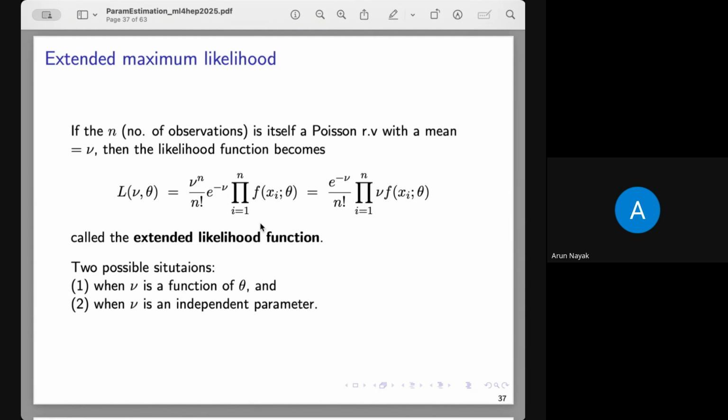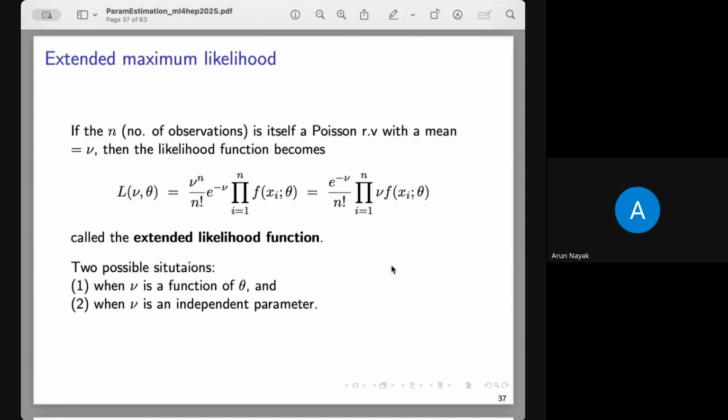So far, when we constructed the likelihood function, we basically made the product of the probabilities for individual events. This was the likelihood function that we discussed earlier. Now imagine that you had observed, say, 100 events, n events, and we consider that itself as a Poisson random variable.